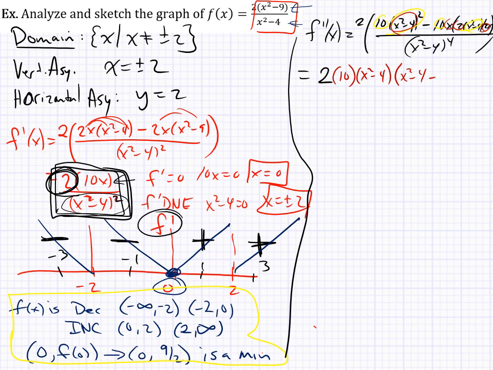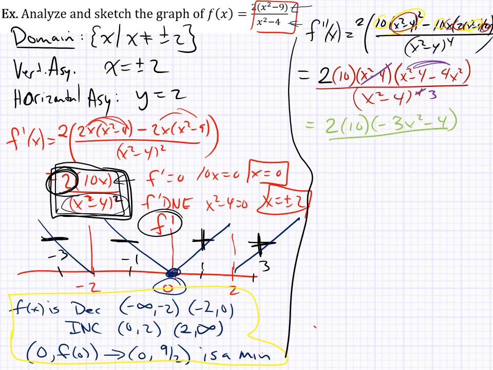So that'll be 4x squared, all over x squared minus 4 to the 4th. I can cancel this with one of these. This can come together, and I would get 2 times 10 times negative 3x squared minus 4, all over x squared minus 4 cubed.